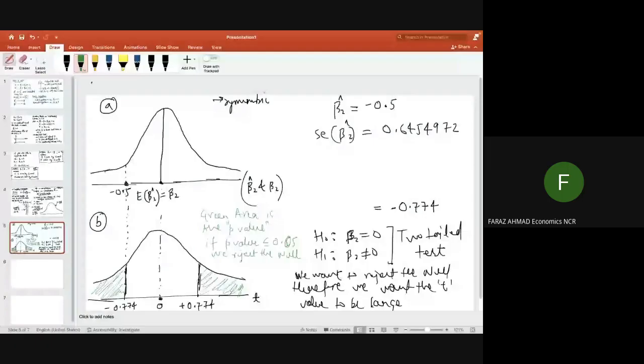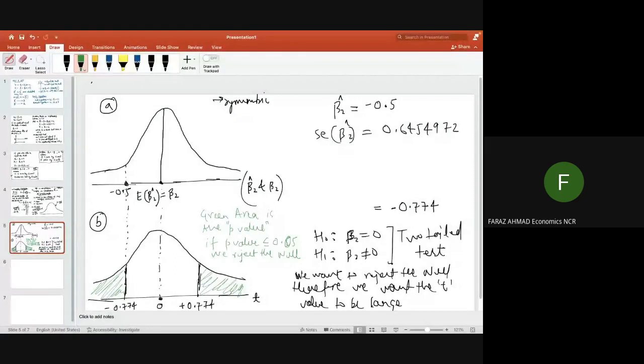Of course, if you change it to 0.874 or 0.974, we are going to go more into the tails, and then the p-value is going to decrease because there will be less area in the tails. So the area in the tails is the p-value, and it's going to decrease if we increase the t value from 0.7 to 0.8 to 0.9. Why do we want our t to be large?